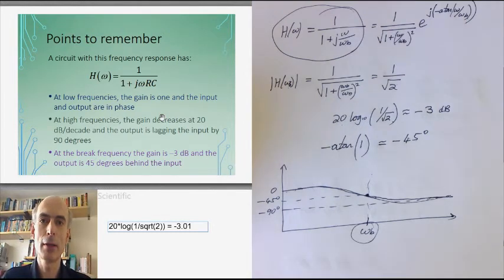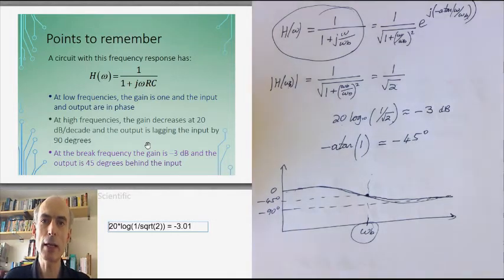At very high frequencies, a long way above the break frequency, the gain is decreasing at 20 dBs per decade, as we've seen. The slope of that straight line on a plot of dBs against the log of frequency was minus 20. And the output is lagging the input by 90 degrees. At the break frequency itself, the gain has dropped by 3 dBs, and the phase change between the output and the input is minus 45 degrees.